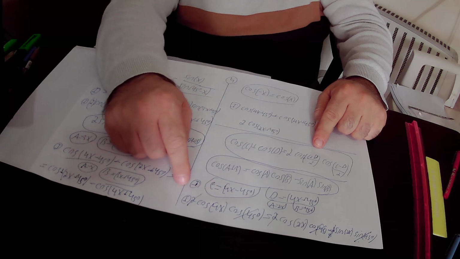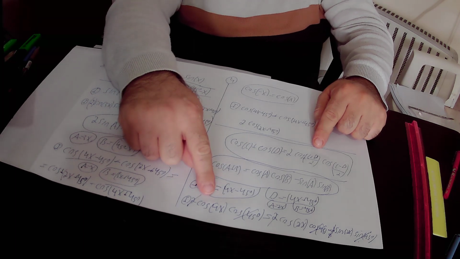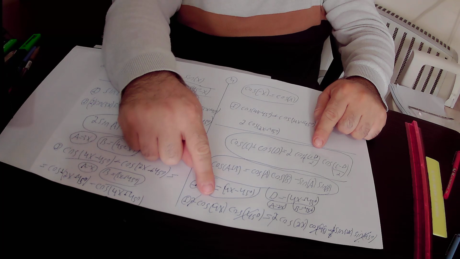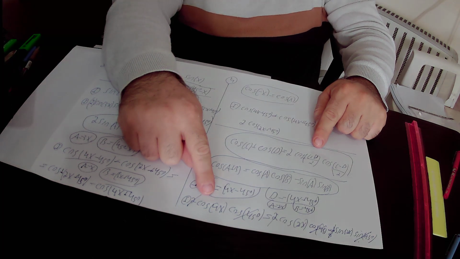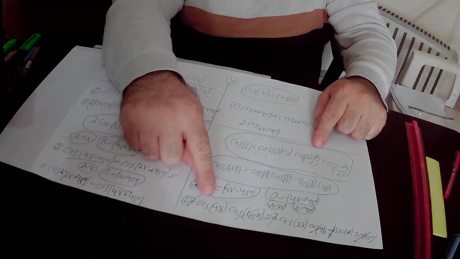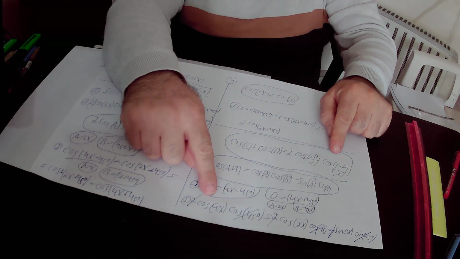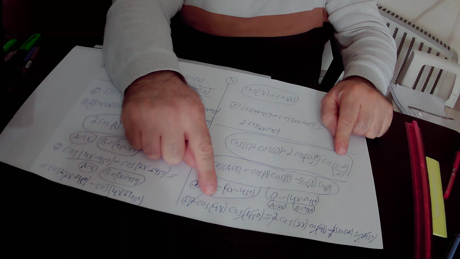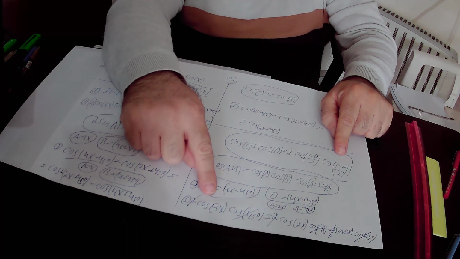Okay, so we got 2 cosine 4x, because here 45 degrees minus 45 degrees is 0. So we got here cosine 4x, and we also have to multiply it by cosine C minus D over 2.